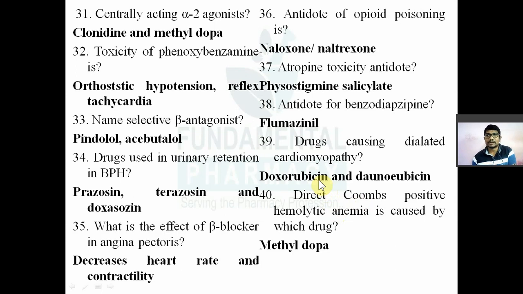If any antibody is present on the surface of RBC, a test to detect it is the Coombs test. The Coombs test also has two types, positive Coombs test and negative Coombs test. In the positive Coombs test, surface antibody is detected, meaning the antibody is present on the surface of RBC. If the antibody is attached to the RBC, then in the positive Coombs test that is detected. Now in the negative Coombs test, the antibody present in the blood is detected. Positive Coombs test is given by methyldopa.